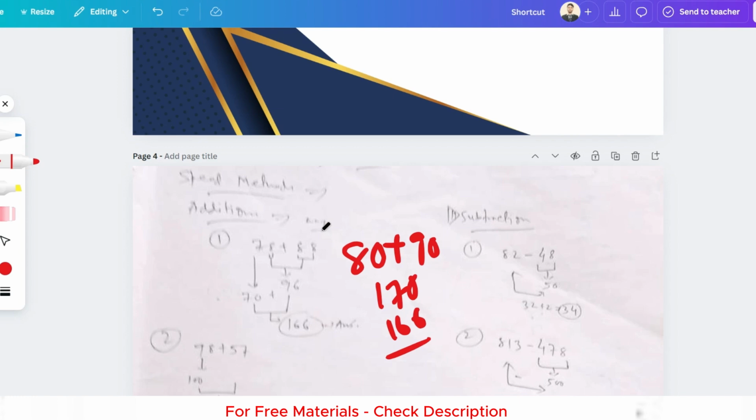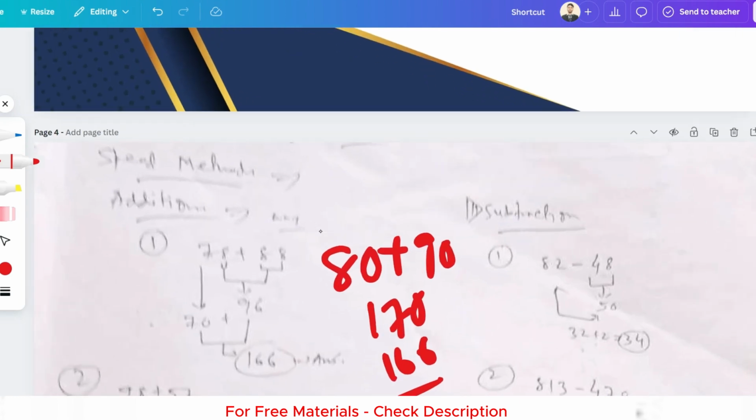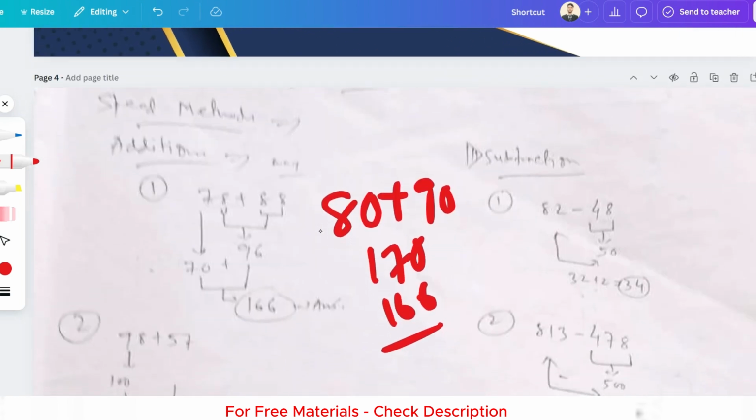In the same way for subtraction, let's say you are calculating 82 minus 48. Just assume 48 as 50. So 82 minus 50 is 32.